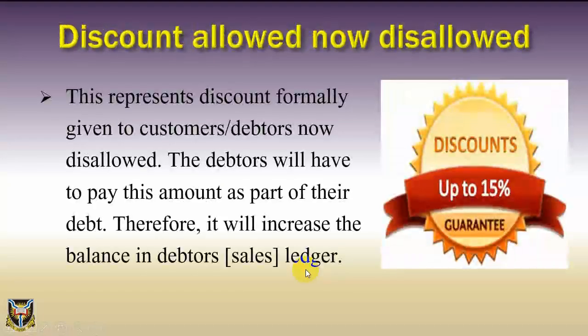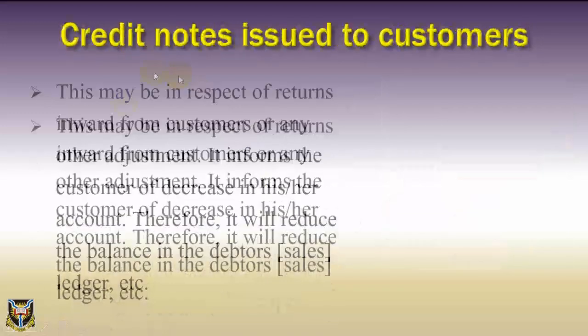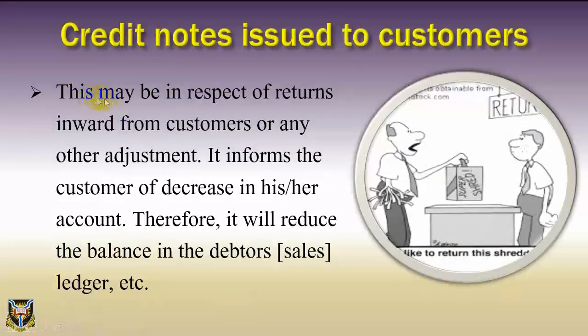This will increase the balance in the customer's debtors account. Credit notes issued to customers. This may be in respect of returns inward from customers or any other adjustment. It informs the customer of decrease in his account. Therefore, it will reduce the balance in the debtor's sales ledger.